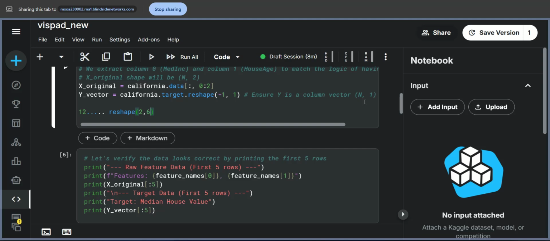You know that they are 12, so it's going to have 6 rows and 2 columns. That is why here we are using -1.